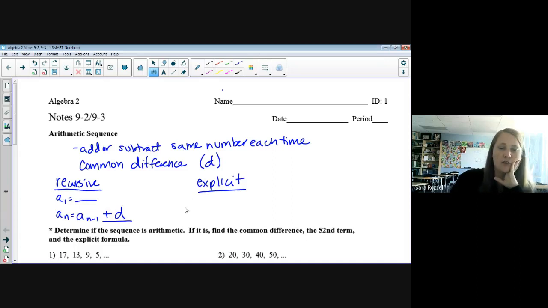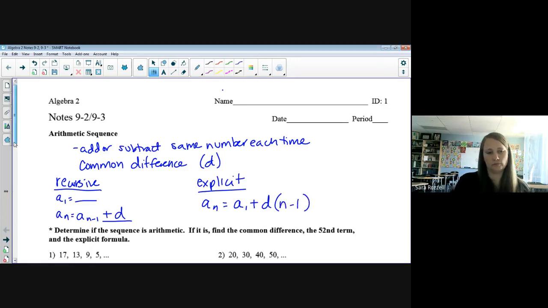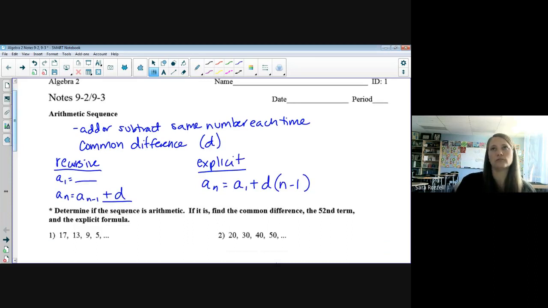And your explicit formula for an arithmetic sequence is the first term plus the common difference times n minus 1. So our explicit formula is the first term plus the common difference times n minus 1.